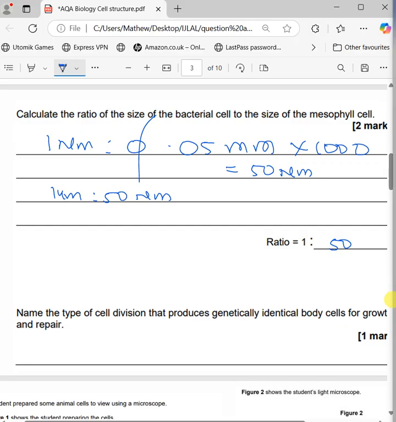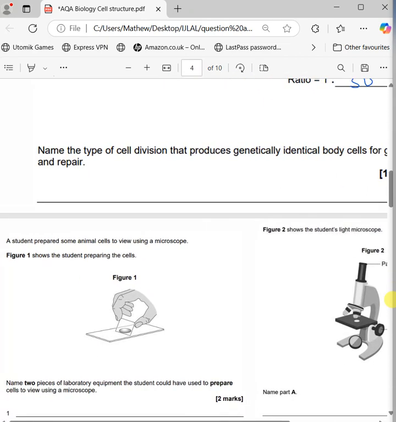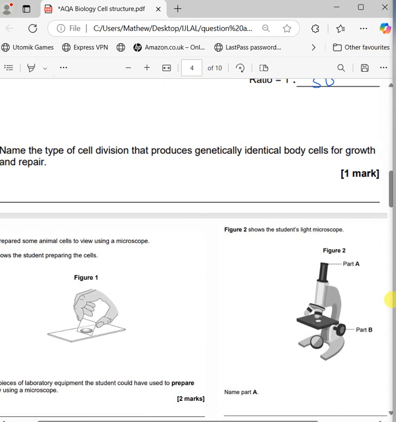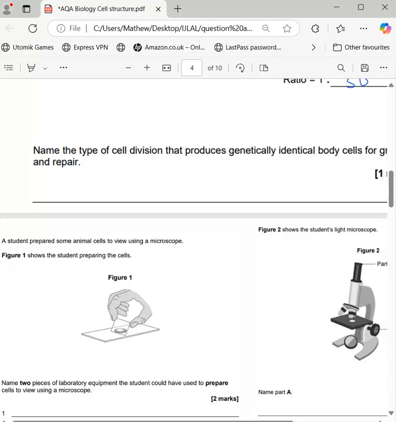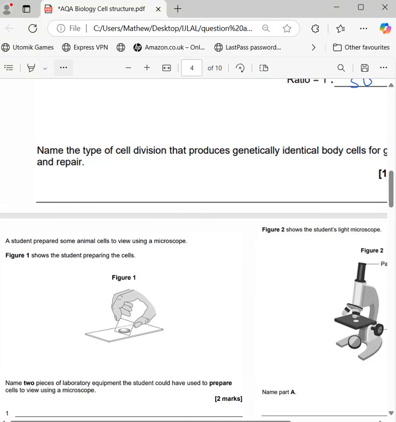Now, the next question is, they said, name the type of cell division that produces genetically identical body cells for growth and repair. The type of cell division here is mitosis.